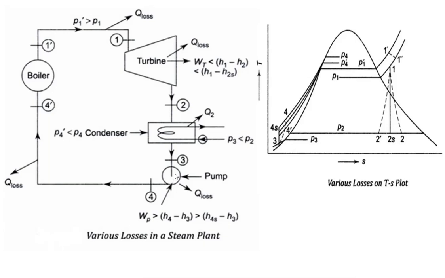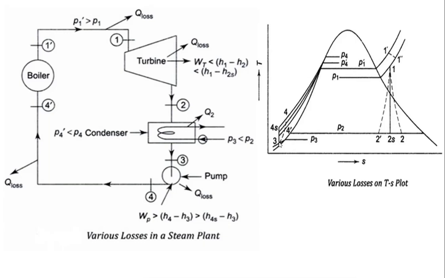Similarly in the pump, this is state point 3 and this is state point 4. Isentropic compression takes place in the pump in the ideal case, but in the actual case it is not isentropic compression, it is actual compression. This is the P3 pressure, the condenser outlet pressure, and this is P2. The condenser inlet pressure is the same as the turbine outlet pressure.